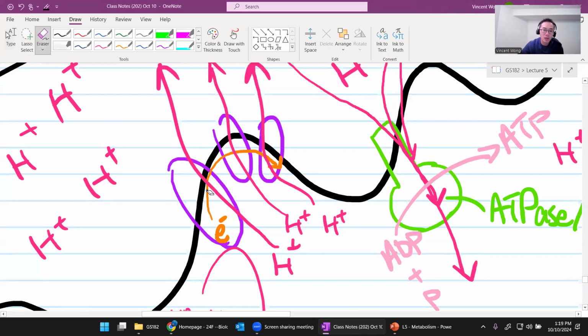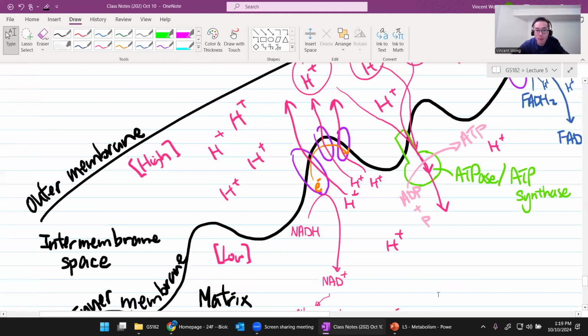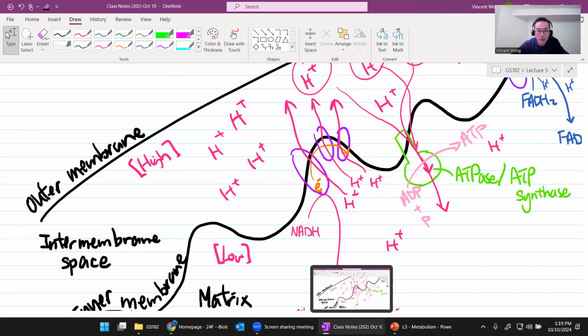When the electron goes down the ETC, at the very end it doesn't know how to get off on its own. It needs a parent to pull it off, so to speak. We need to pull the electron off at the end because otherwise the next electron is not going to go.